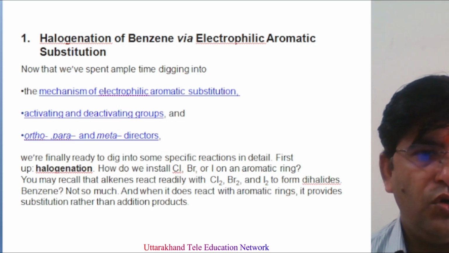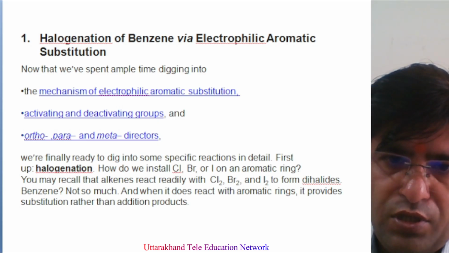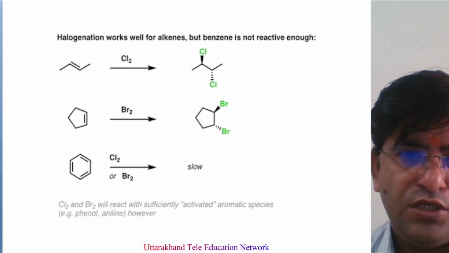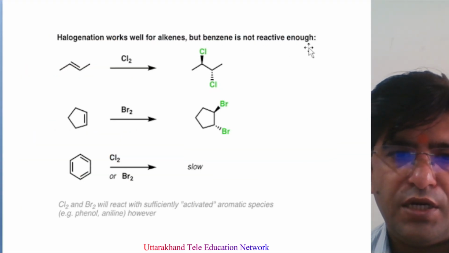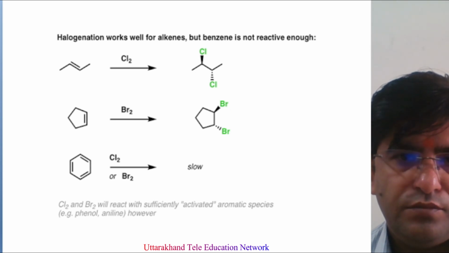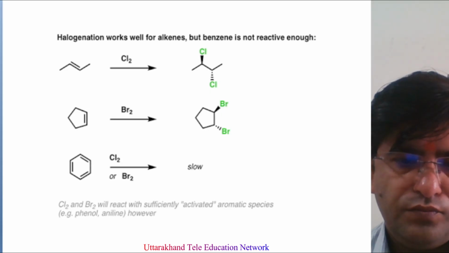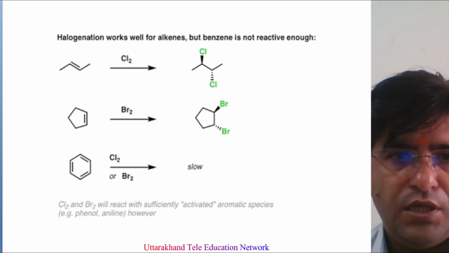Benzene not so much, and when it does react, the aromatic ring gives a substitution rather than an addition product. Addition works well for alkenes, but benzene is not reactive enough. Benzene reacts with halogens slowly, and the alkene reaction is very fast.